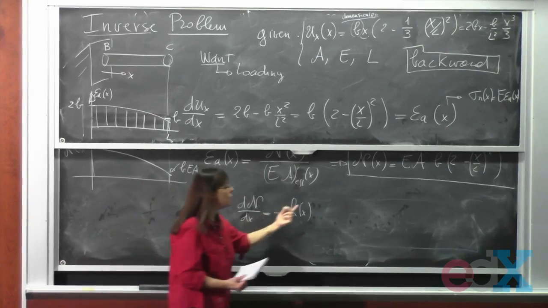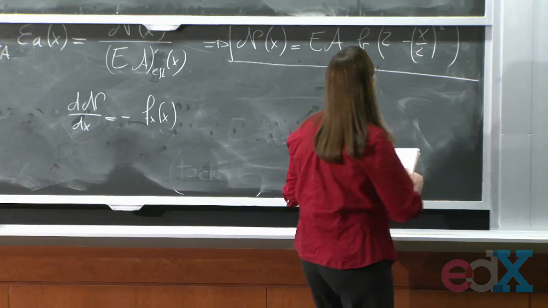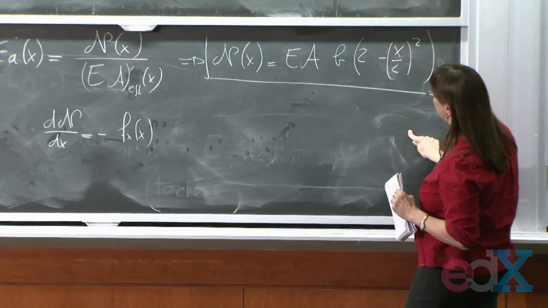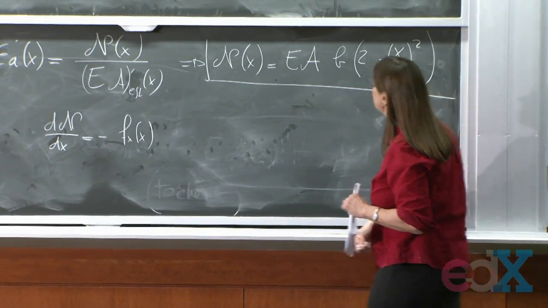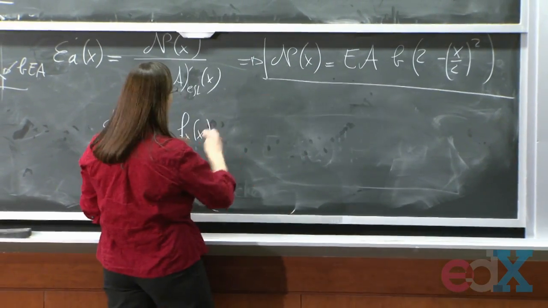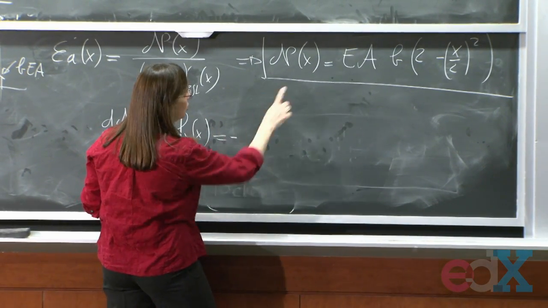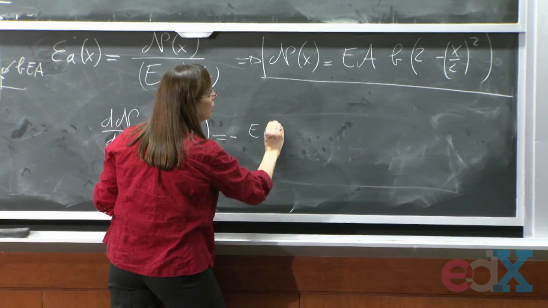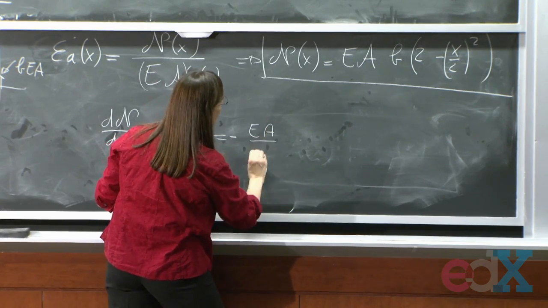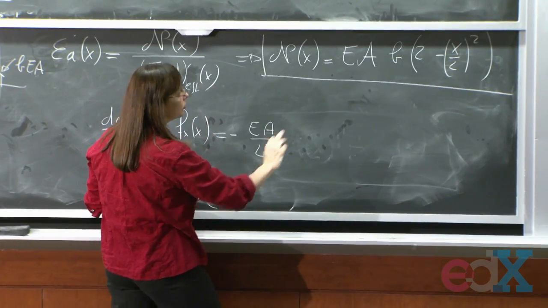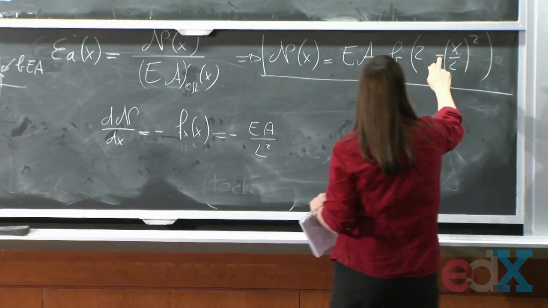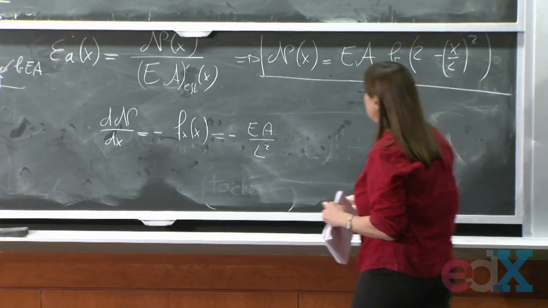So I can take this one, I can differentiate it, and I get minus EA over L squared, and then I have another minus 2x.